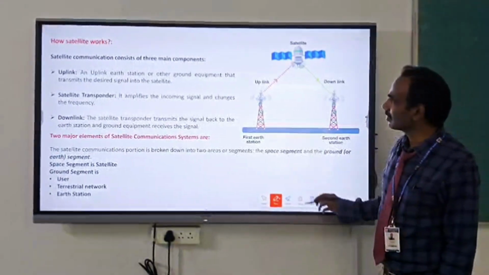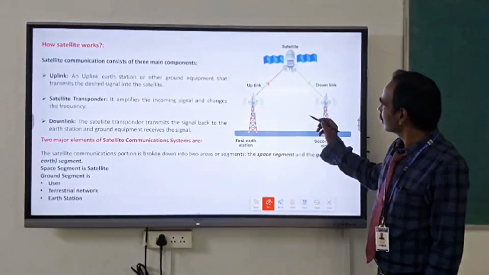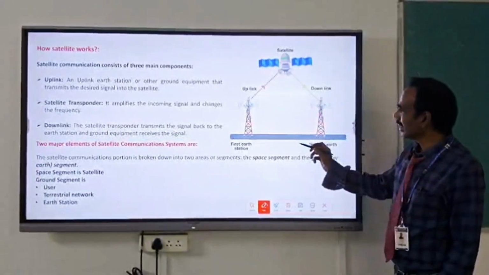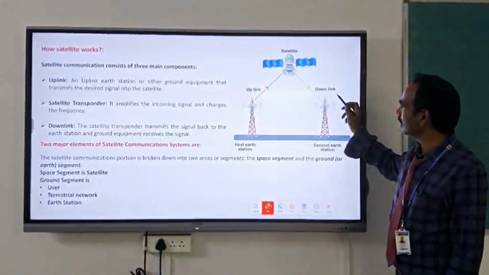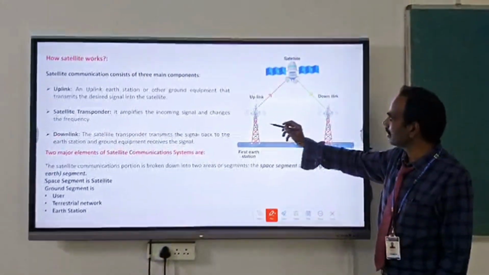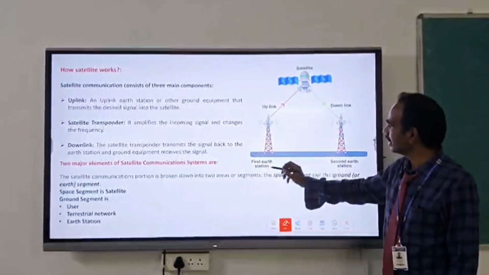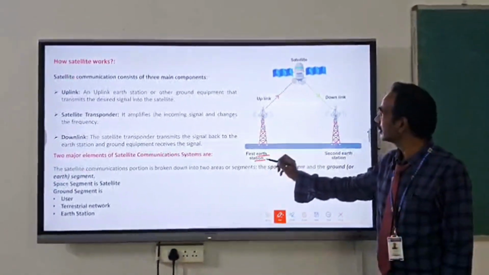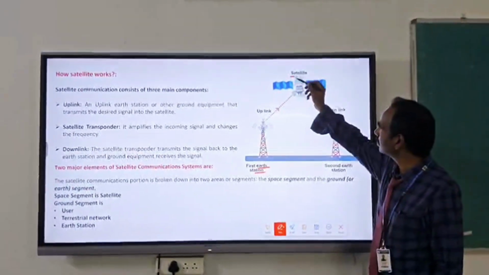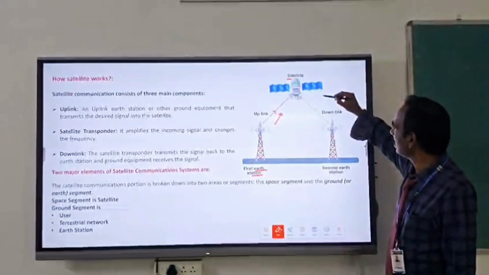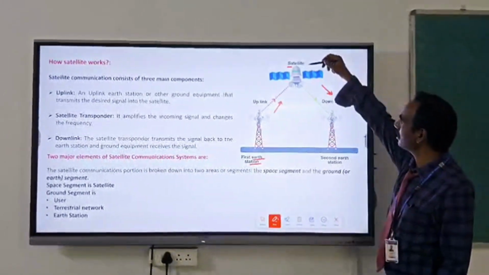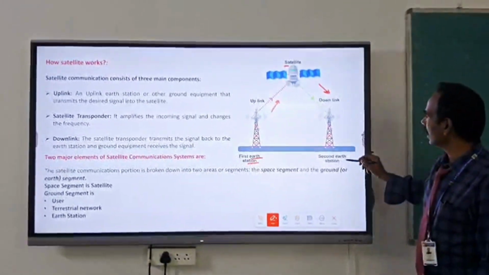How does a satellite work? In satellite communication, we can see uplink and downlink. Uplink means transmission of a signal from the earth station to the satellite. This path we call the uplink, and this is the downlink, a signal transmission from the satellite to the earth station.